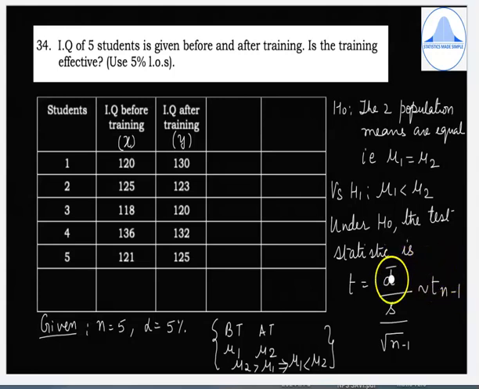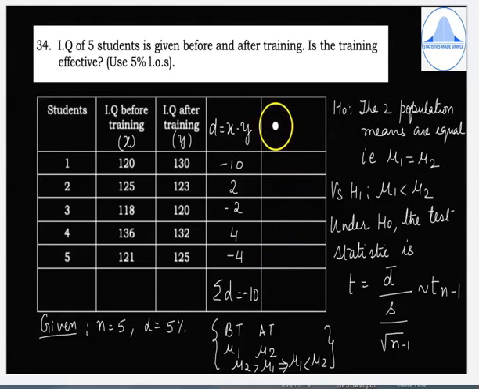So to calculate this D bar, first we need to calculate D. So D is nothing but the difference between the X and Y values. So 120 minus 130 is minus 10. Next is 2. Then you have minus 2, 4 and minus 4. Next you have to calculate summation D, which is required for the D bar calculation. So summation D is minus 10.